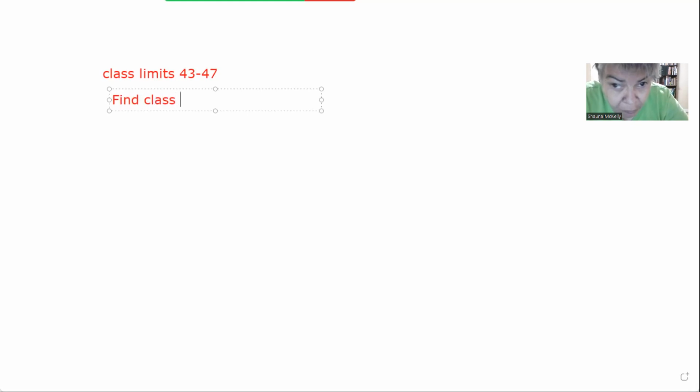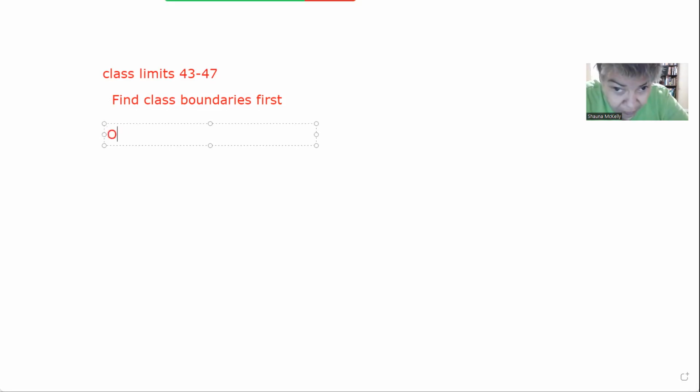class boundaries first. Now, how do I find class boundaries? Well, class boundaries are always one decimal place more than the limits. As we can see here, these are whole numbers. They don't have decimal places, so in this case we want one decimal place. The other thing is they always end with a 5.